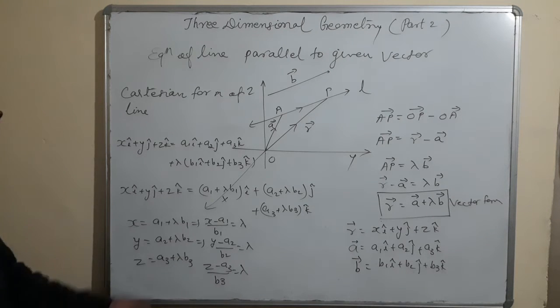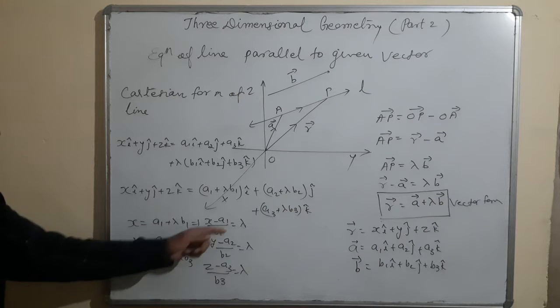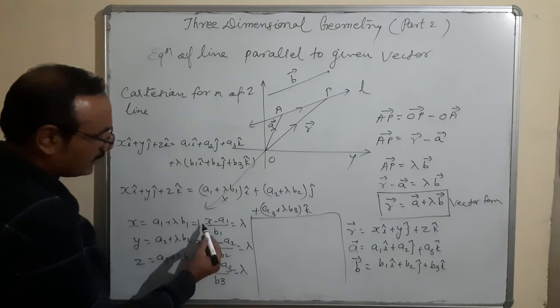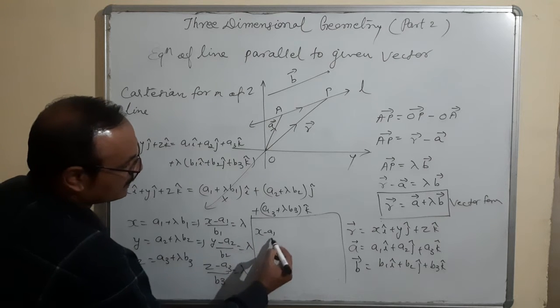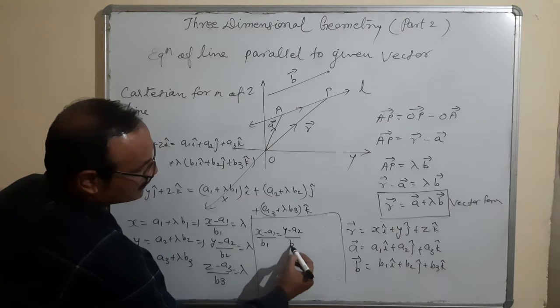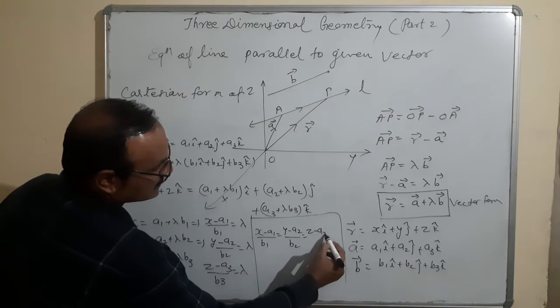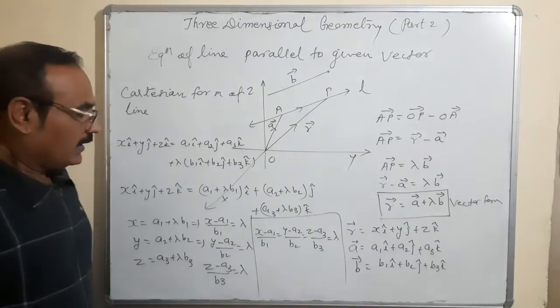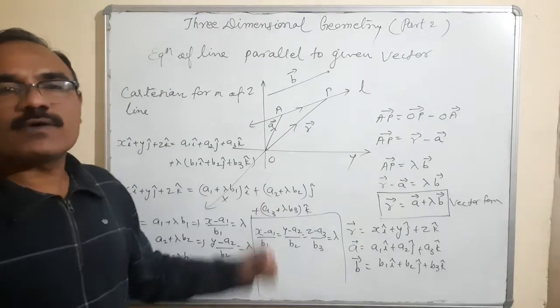Is it okay? All the lambdas are equal. So can I write x minus a1 upon b1 is equal to y minus a2 upon b2 is equal to z minus a3 upon b3 is equal to lambda. And friends, this is called the Cartesian form of a line.